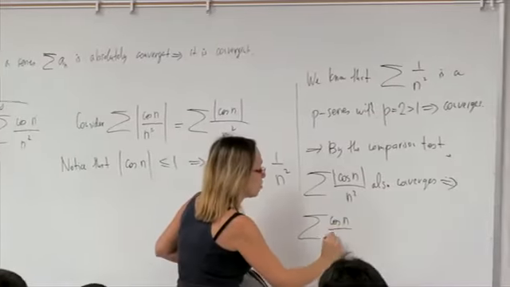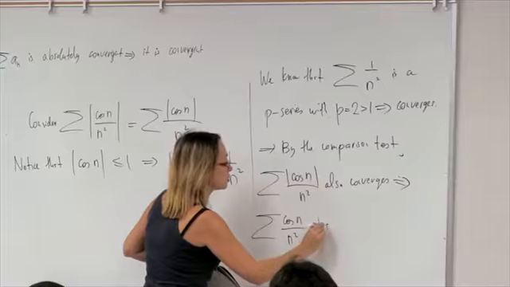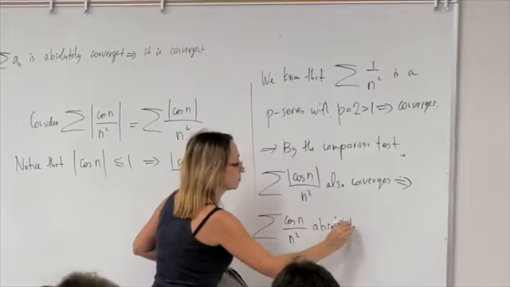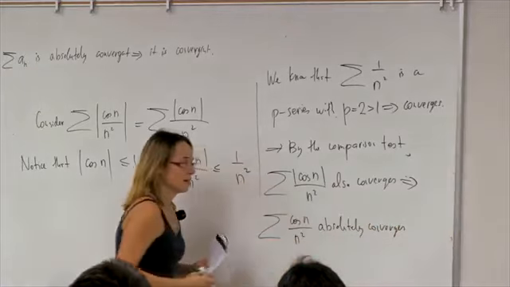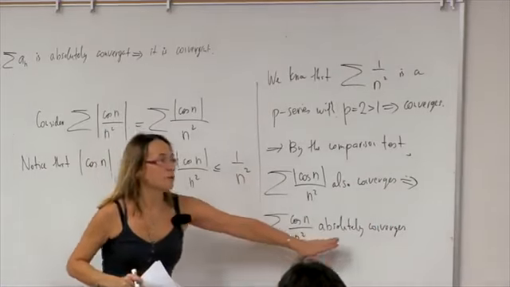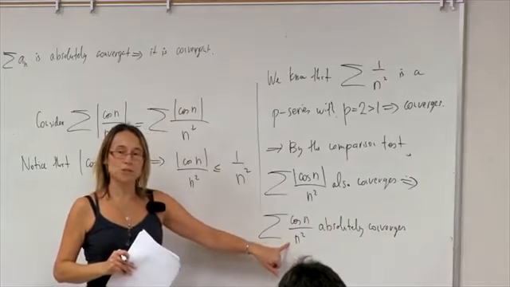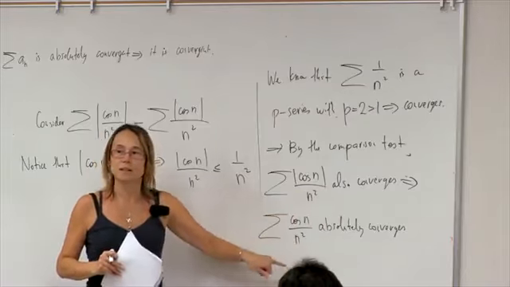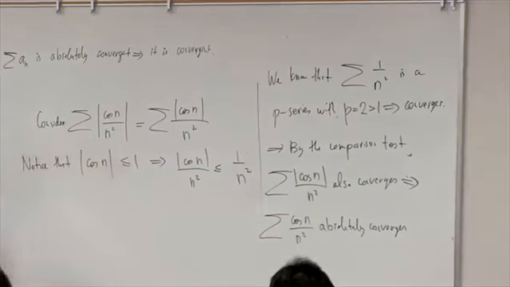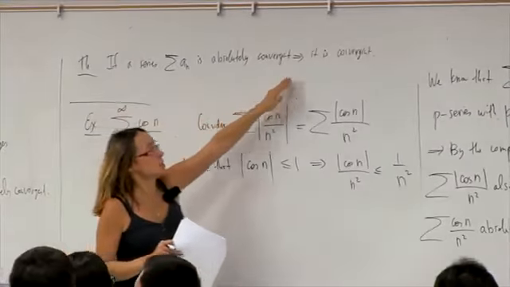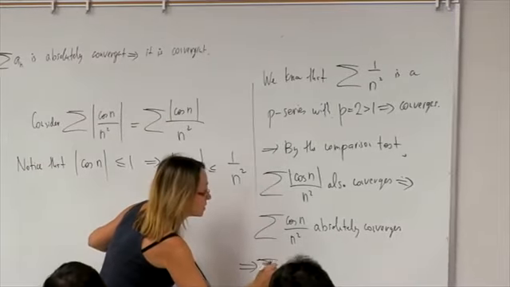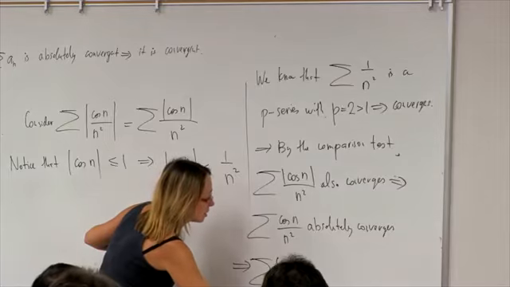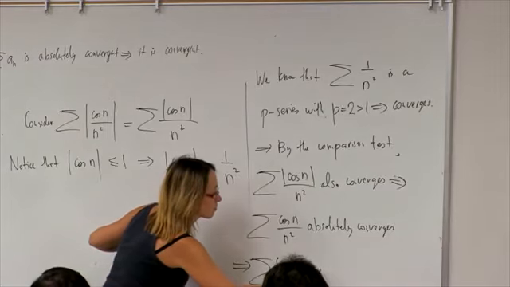Cos n over n squared absolutely converges. In other words, the absolute values of these terms converge, exactly like here. Now we apply the theorem. If a series absolutely converges, then it converges. So the conclusion here is that this converges.